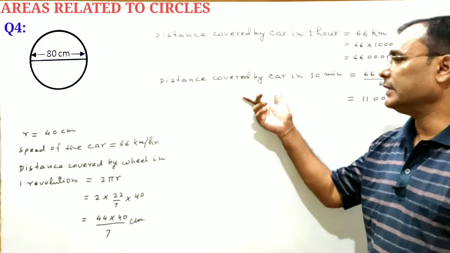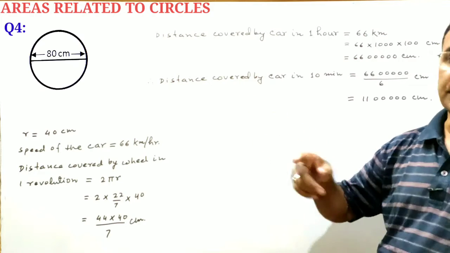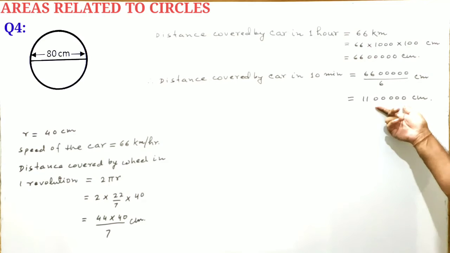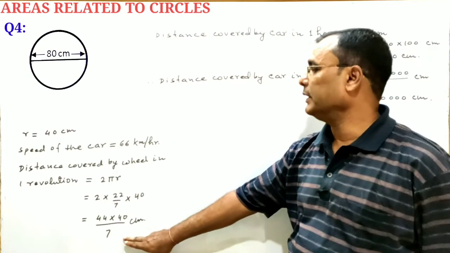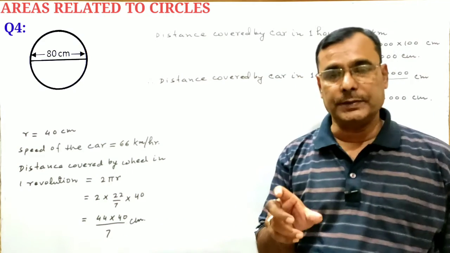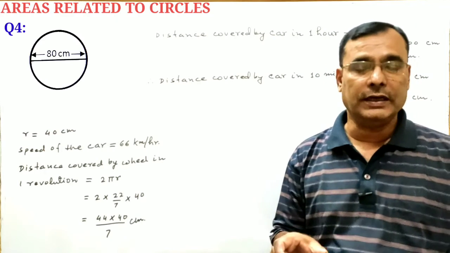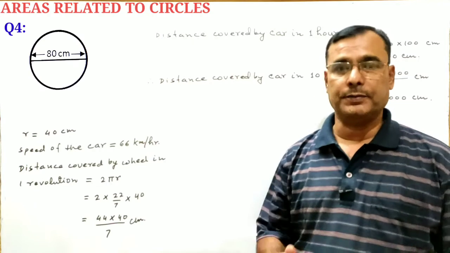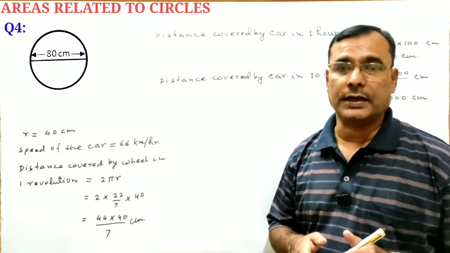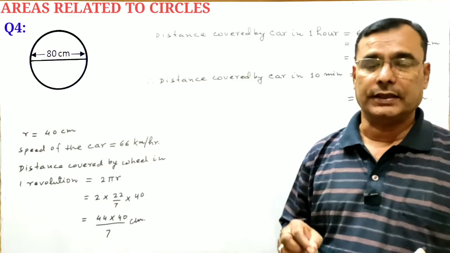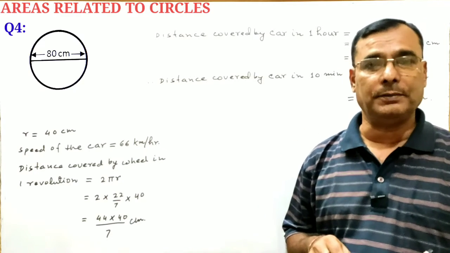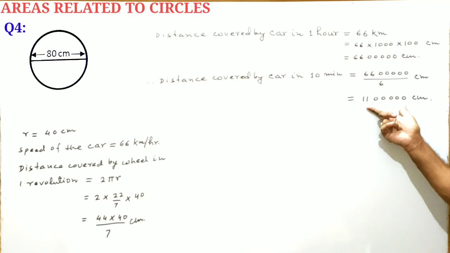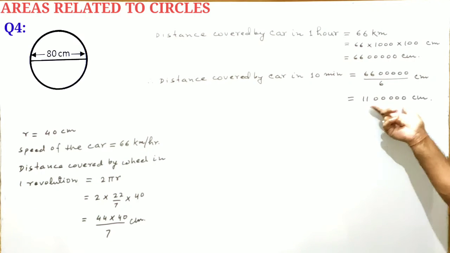So we have got distance covered by the car in 10 minutes, total distance 11 lakh centimeter, and here we have calculated distance covered by each wheel of the car in one complete revolution, and we have to find out total number of complete revolutions that each wheel of the car will make traveling this 11 lakh centimeter distance.